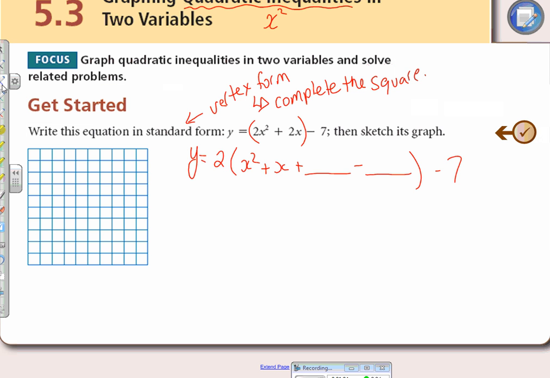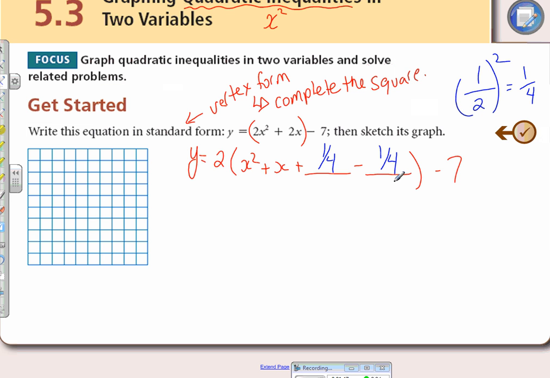Take this number here, 1, divided by 2, and squared. Okay, so 1 squared is 1, 2 squared is 4. So we're going to add 1/4, and we're going to take 1/4 away.